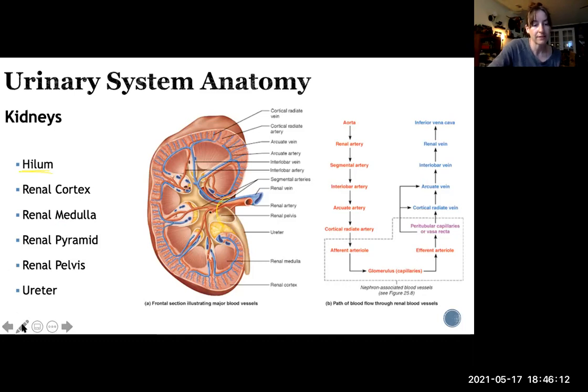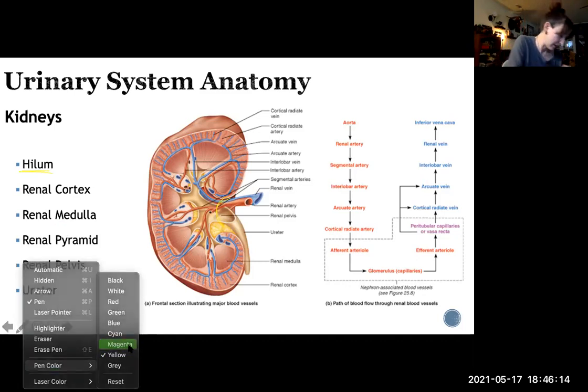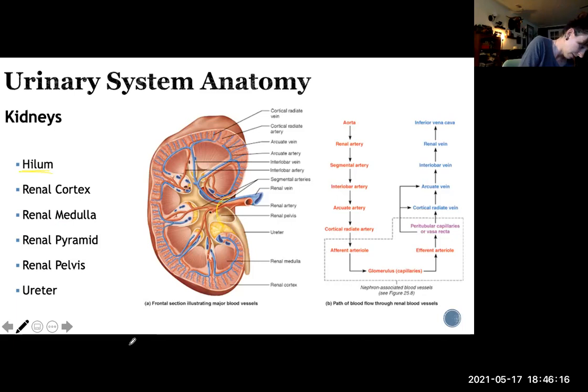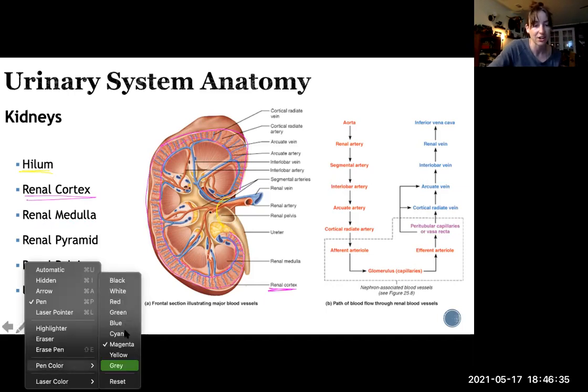The cortex, which is everything from here to here, all the way around. The medulla, which is everything interior to that.